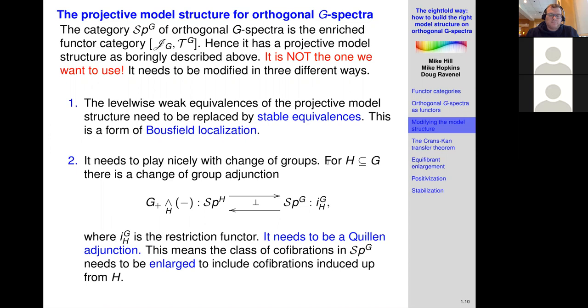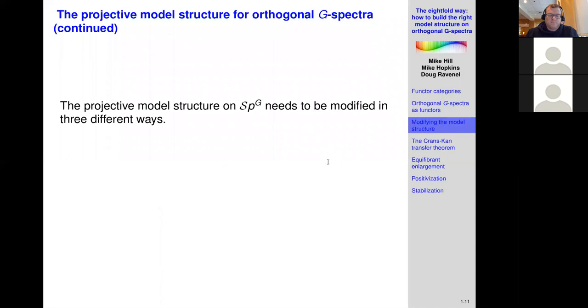Okay, so I've given you two ways in which we need to modify the projective model structure in SPG, and there is a third one. It needs to be positivized, and that's a term I will define later.